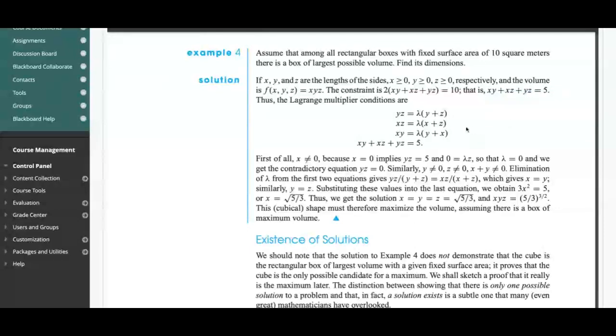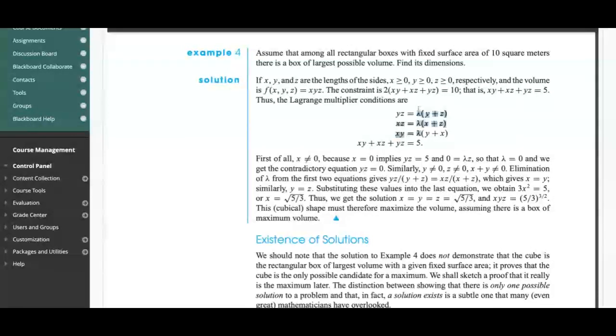Right? Then Lagrange multiplier method, gradient f, right? Partial f, partial x, yz, partial f, partial y, xz, partial f, partial z, xy. Partial g, partial x, y plus z. Partial g, partial y, x plus z. Partial g, partial z, x plus y.